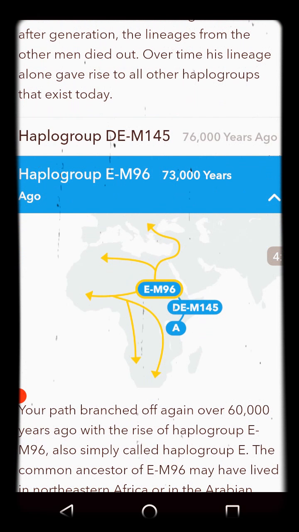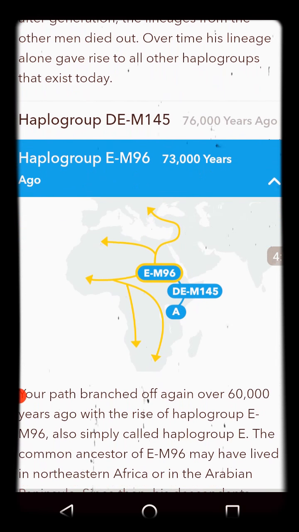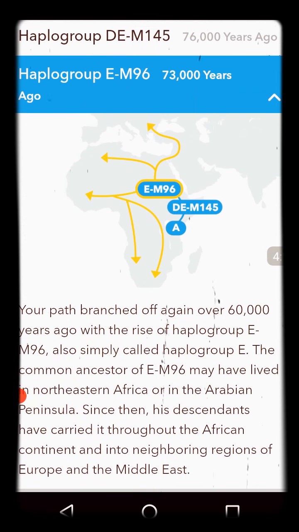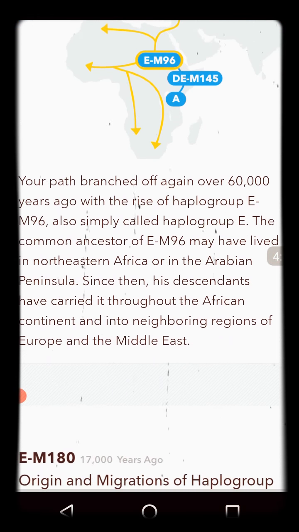Okay. So they're basically saying that's where you get your African, your European, and your Asian population from. That's pretty much what they're saying, man. And so, let's just keep going.